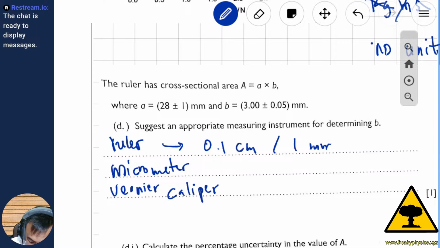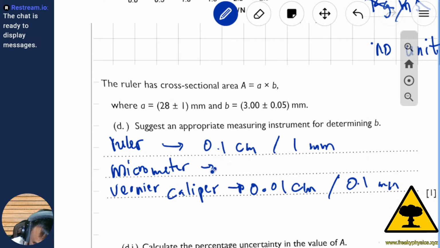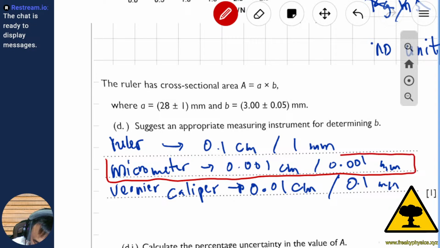A vernier caliper is accurate up to 0.01 cm or 0.1 millimeter. A micrometer is accurate to 0.001 cm or 0.001 millimeter. So we can see here already which instrument is the best. The micrometer.